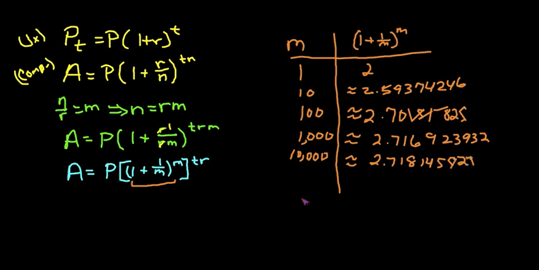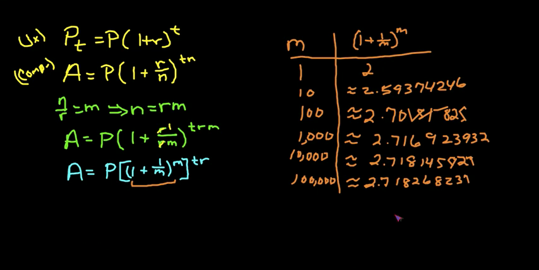And let's go one more here. So we'll let m be 100,000. This one takes us out to this. And we could keep going on and let this approach infinity.